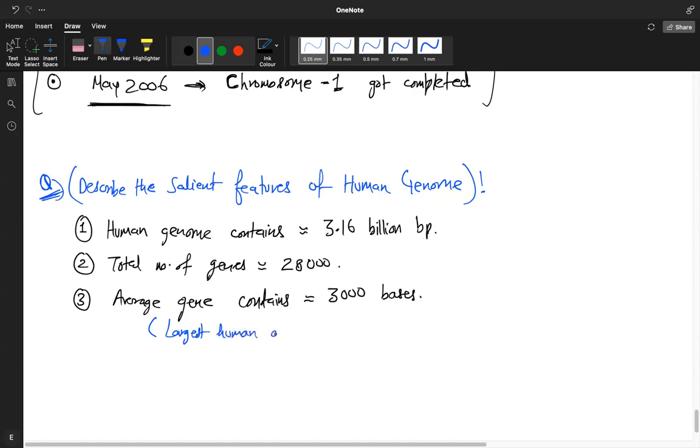Largest human gene, according to NCERT, is dystrophin. Human dystrophin gene, it is called HDG. You want to know about it?